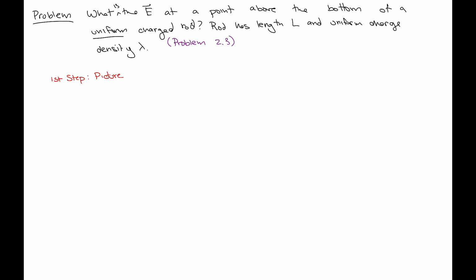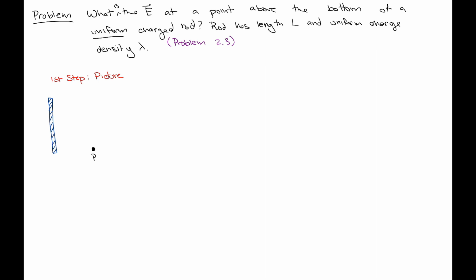It doesn't really matter whether you draw the rod vertical or horizontal; you should get the same answer. There's my rod, and then I want to identify the point where I'm trying to find the electric field, which is a point above the bottom. So that's my point P there, where I'm trying to evaluate my electric field.